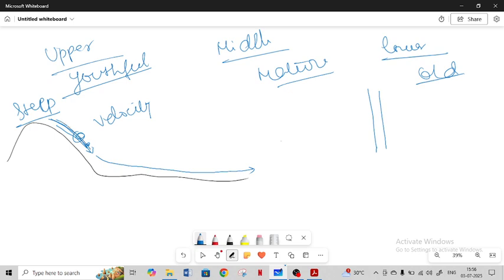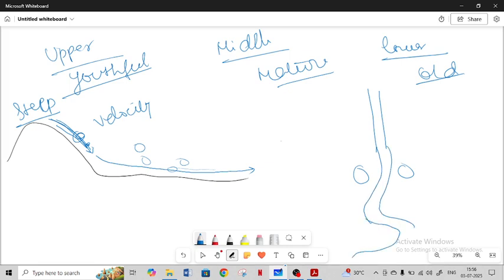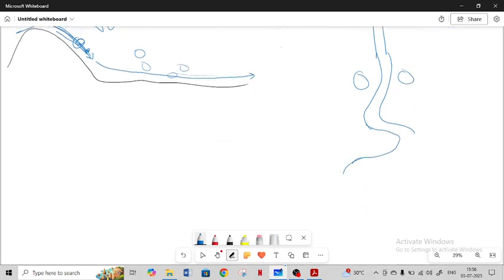But when it comes to the middle and lower course, it does not have that power or that velocity to break the rocks or whichever obstacles are present in its path. So what it does, it kind of avoids the path. So like this, the river moves and slowly takes up an S-shaped path, and this is called meander.